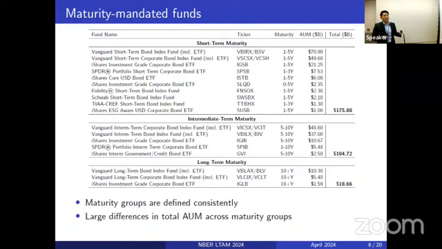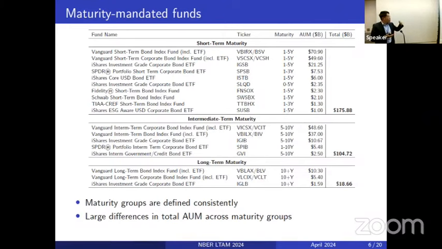If you are familiar with the fixed income fund market, you will notice that many funds have a maturity mandate. They usually categorize themselves as short-term, intermediate-term, and long-term maturity categories. Here we provide a snapshot of all passive funds that have a maturity mandate in the corporate bond market. Let's take the Vanguard fund family as an example.